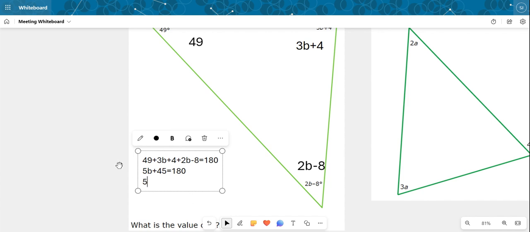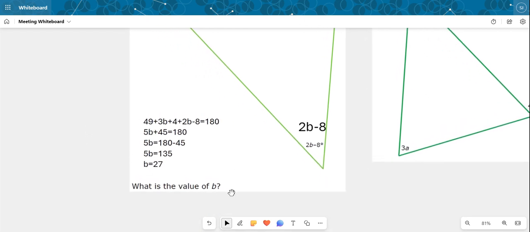We'll go 5b equals 180 minus 45, or 5b equals 135. Divide both sides by 5. I'm forgetting what that is. It's 27. We get b equals 27. And we've answered the question, what is the value of b?